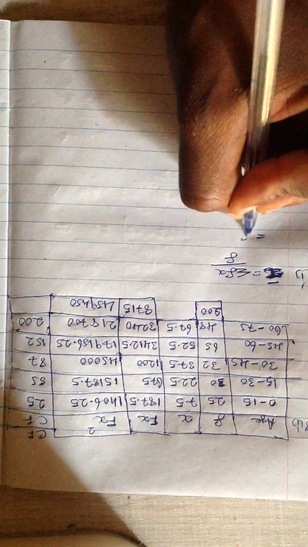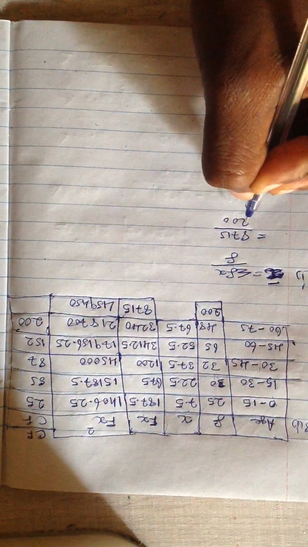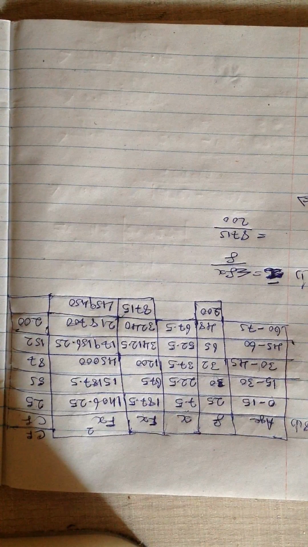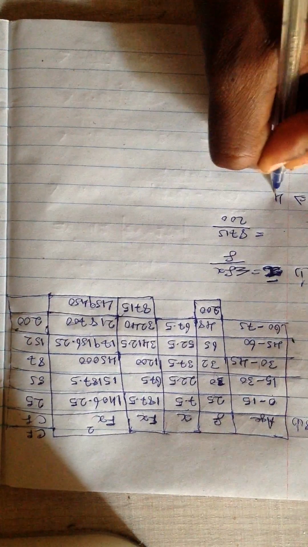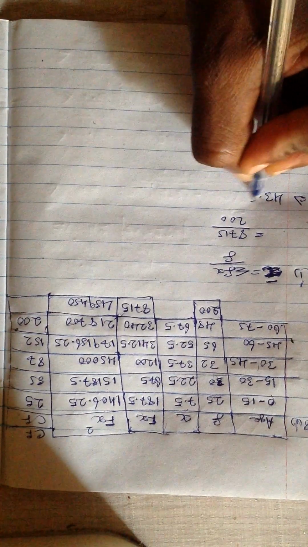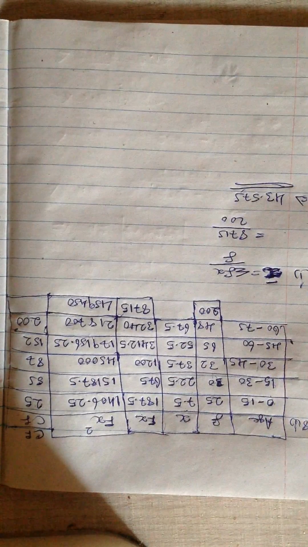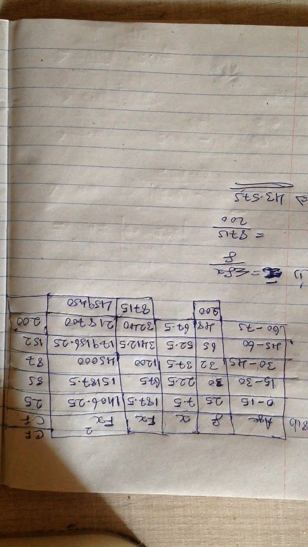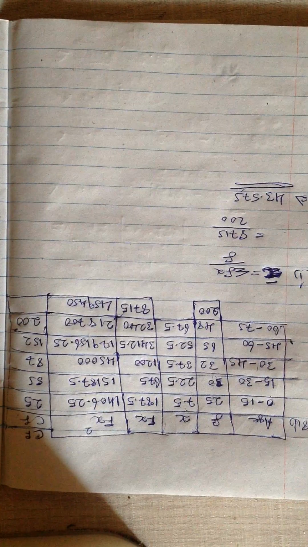We have 8715 over, what is f? That's 200. So our mean is 8715 divided by 200. We're going to have 43.575. This becomes our mean.